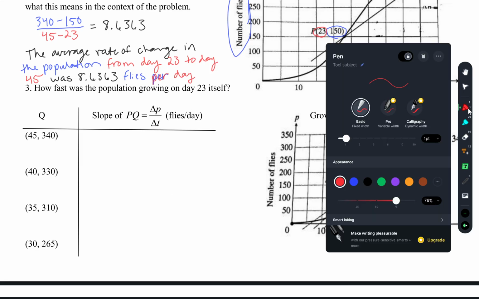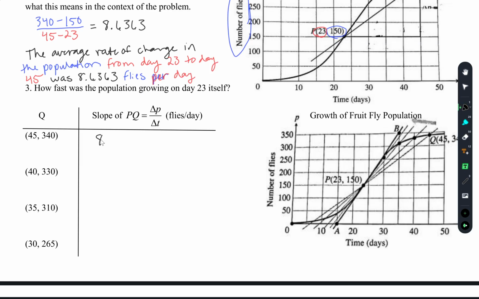So for this one, we've already done that, that was the 8.6363. We already found between 45 and 340. So what we're going to do now is do the slope where this is your x1, y1 basically. And what we're doing is we're changing the second point. So if we're going to use that next ordered pair, essentially what you're doing is you're finding slopes over and over again.